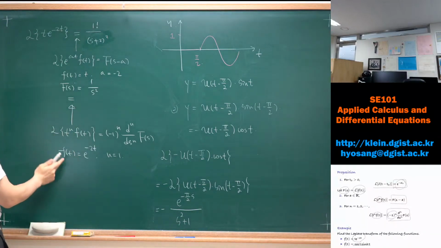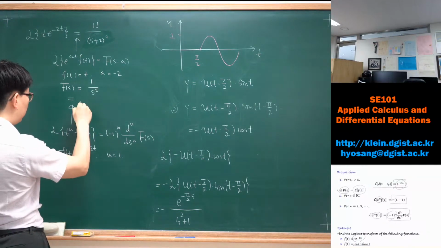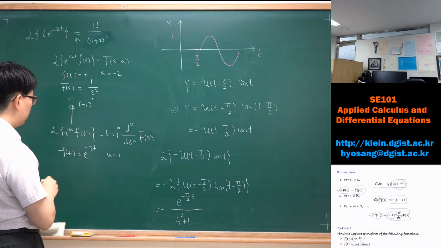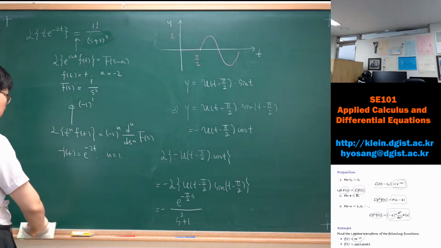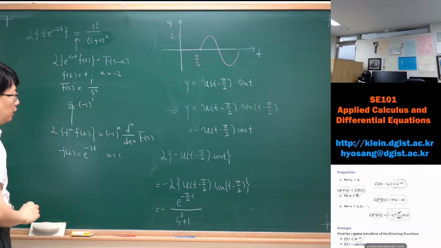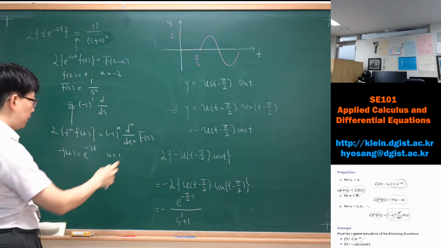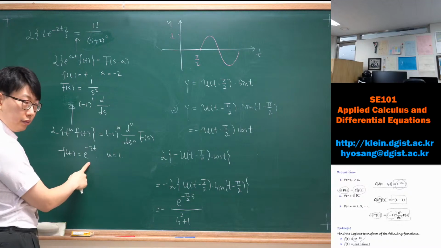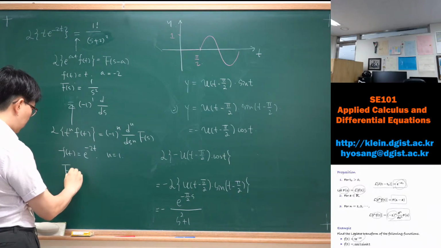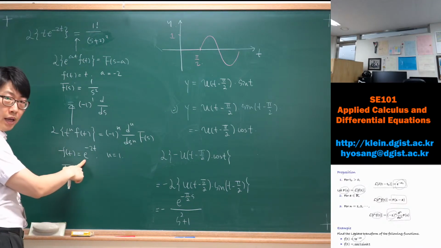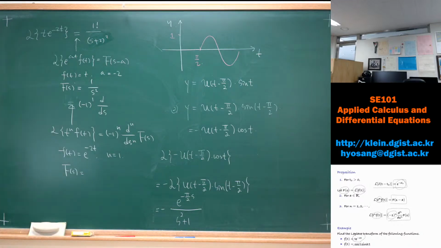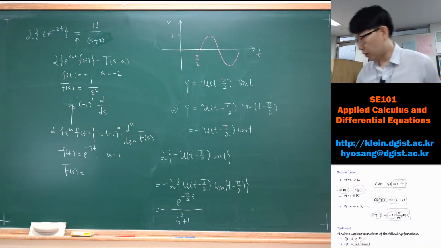And how about using the other formula? We have minus 1 to the power of 1, and then take the first-order derivative of F of s. F of s is the Laplace transform of the exponential function. What was the Laplace transform of the exponential function?